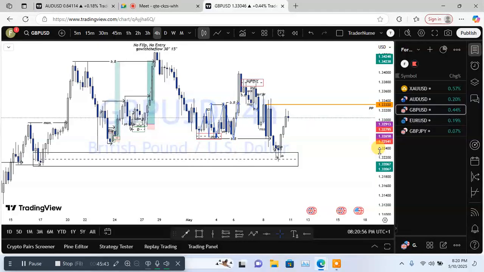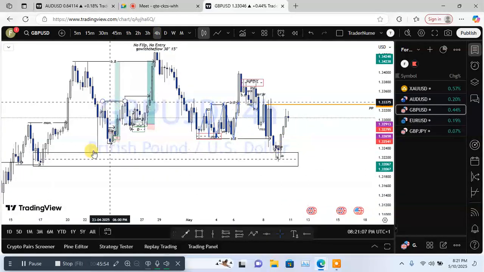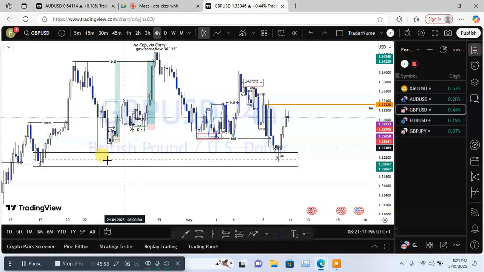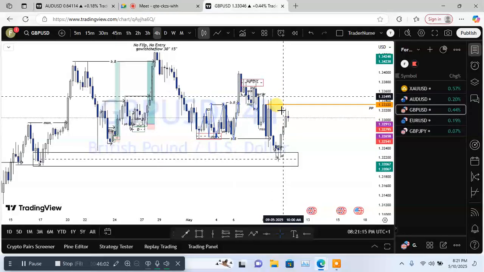If you don't practice every time, you might not get it. So before we come back next week, just practice. Enter 4 hours or 2 hours, start mapping out your demand zone and watch how the market is reacting on those demand zones. Watch whether price respected that demand zone on 4 hours, or if price did not respect it.